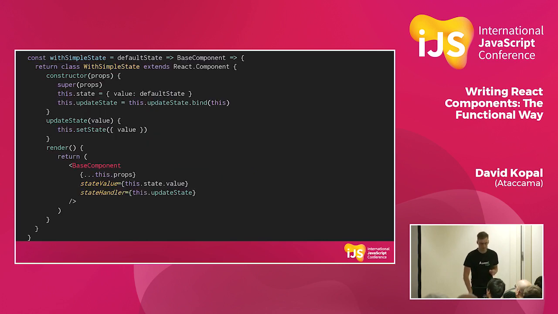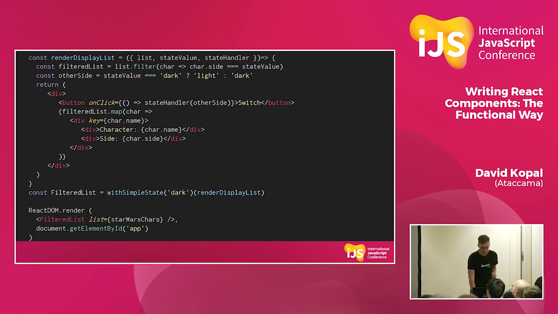Here we defined a with simple state component. You can see it takes some default state, again a configuration argument that will set the state of the component. And then we get the state handler that we can use to change the state. And then we just pass these state utilities along with the original props to the base component.